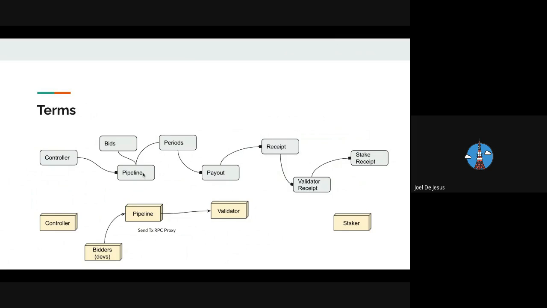So when a period is created, for example, the pipeline is going to create a period for 9 a.m. tomorrow. The period's going to last 2 hours. So the pipeline has a list of periods that are coming in.